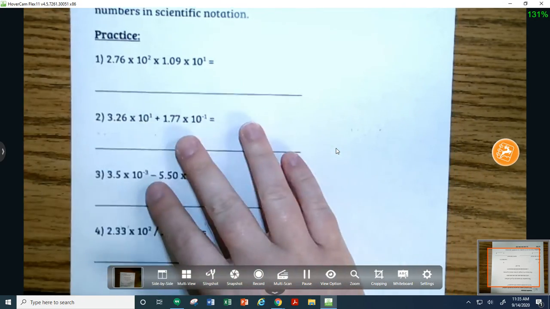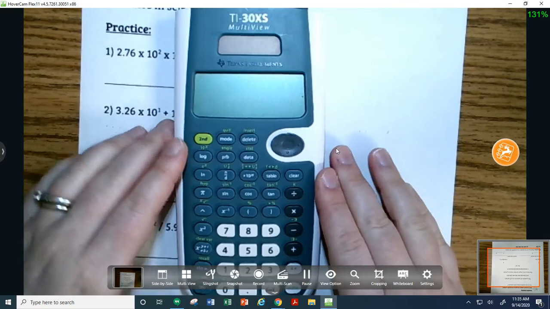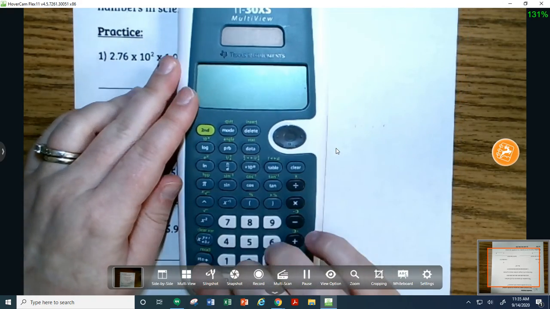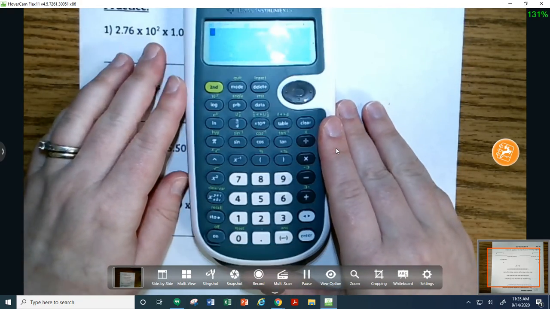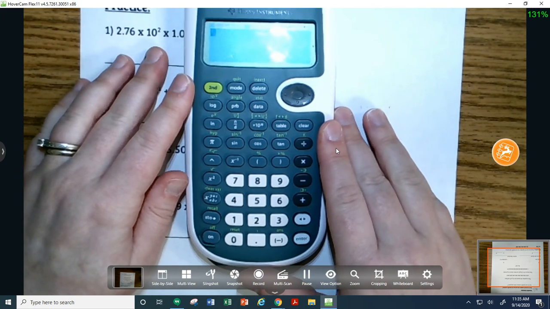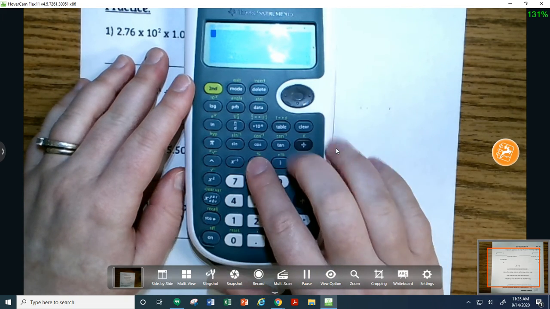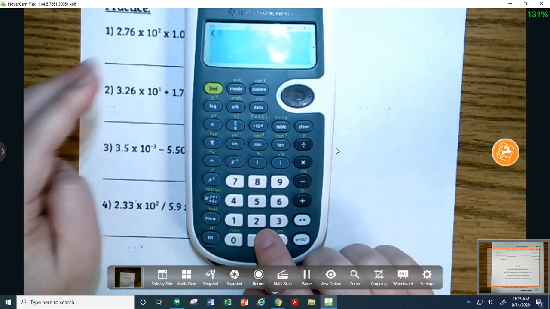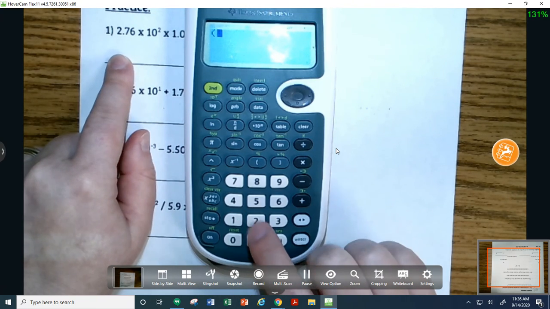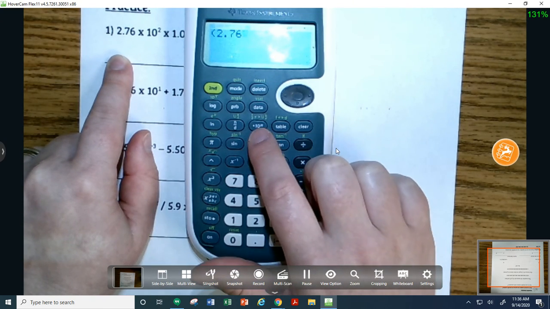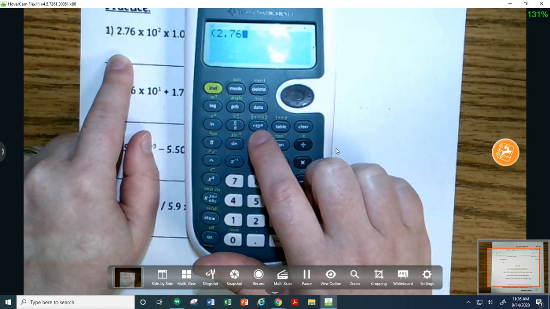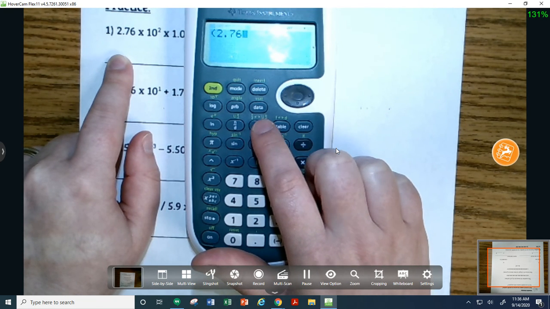Another style of calculator that's a little bit different is this TI, but it's this multi-view. This one is a little bit of a different setup altogether. If you have this style calculator, you're going to use parentheses, and then you're going to type in your 2.76, and then about smack dab in the middle of your calculator, you should see a times 10 to the nth.